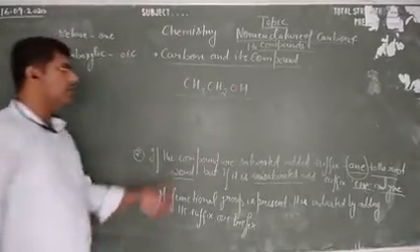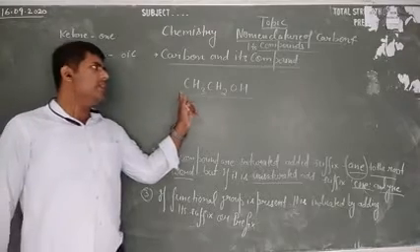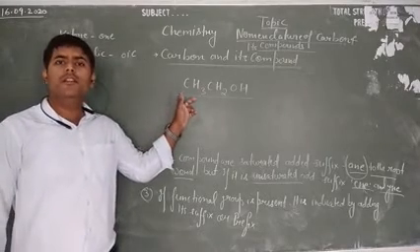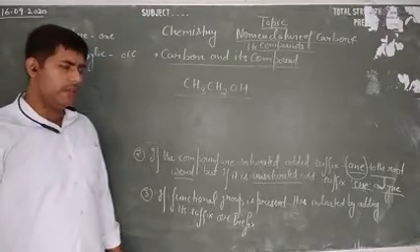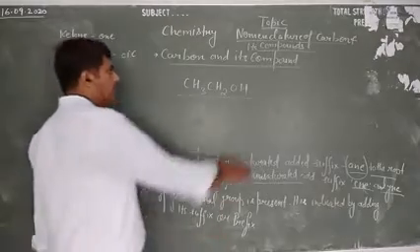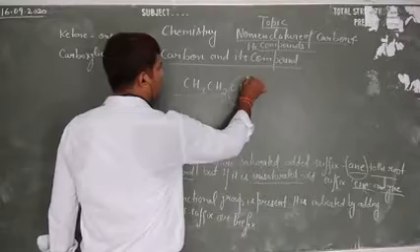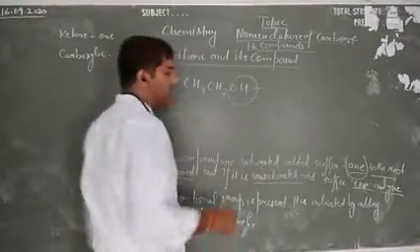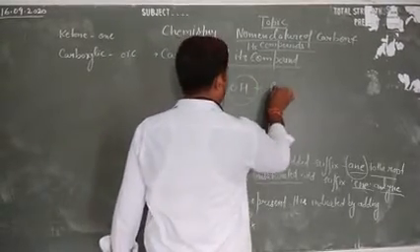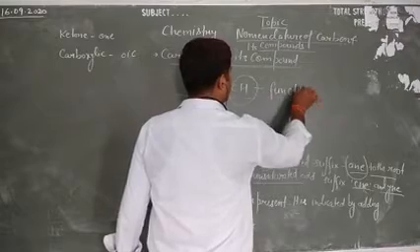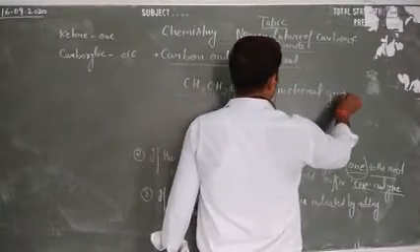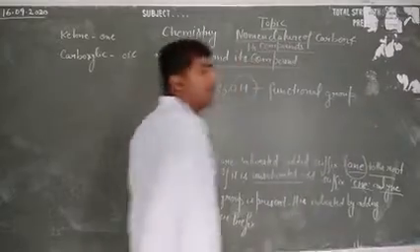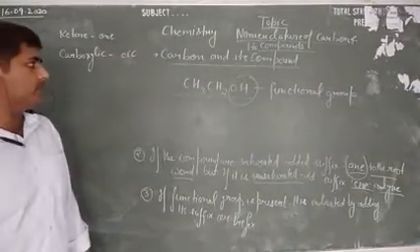What is the name of this carbon compound? How can we name it? What do you observe here? Here OH is the functional group.